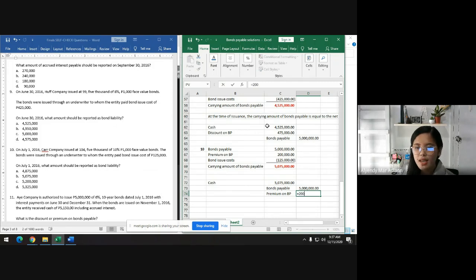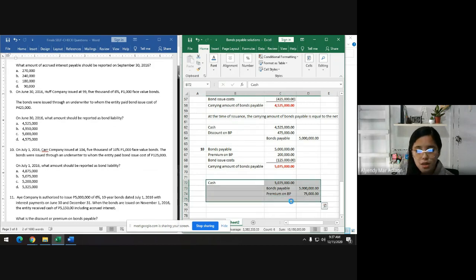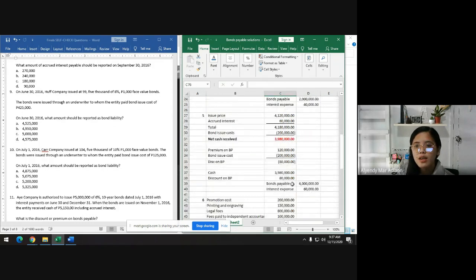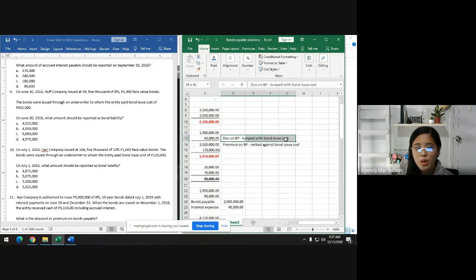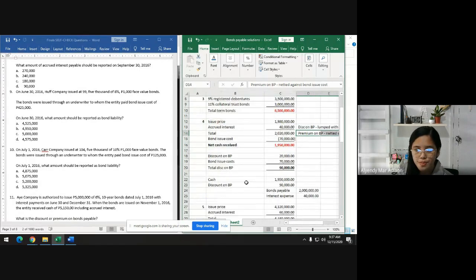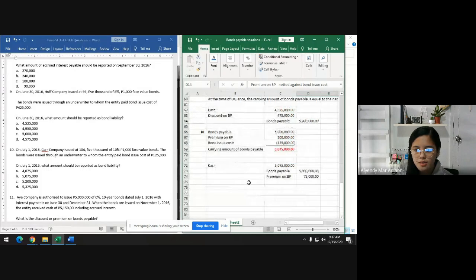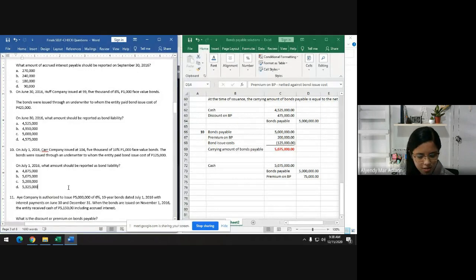Not by 200,000, but net of the bond issue cost of 125,000. So that is 75,000. Okay, so this is our journal entry. Take note of what I wrote earlier, again and again: discount on bonds payable, lumped with bond issue cost; premium on bonds payable, netted against bond issue cost. Okay. So that's it for number 10. Questions?